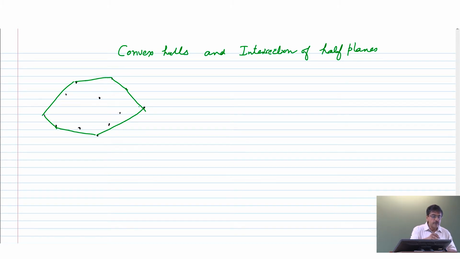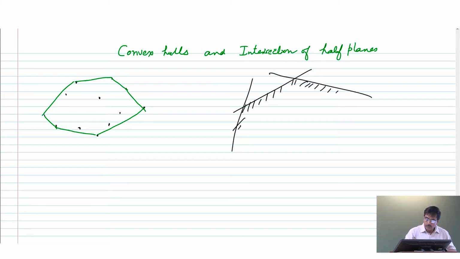Now similarly, if I am given a set of half planes, so half planes basically means that this is the half plane I am referring to, this is the half plane I am referring to, right.